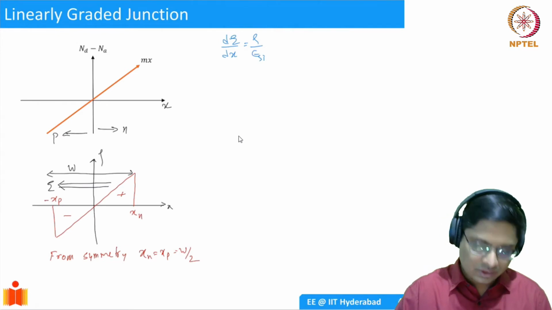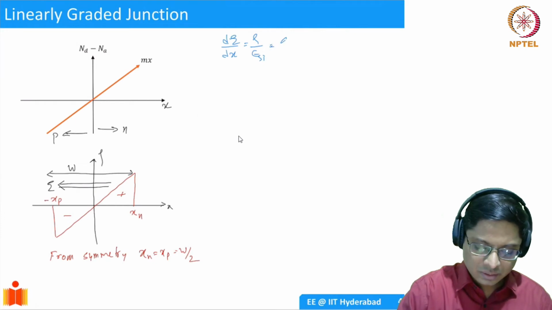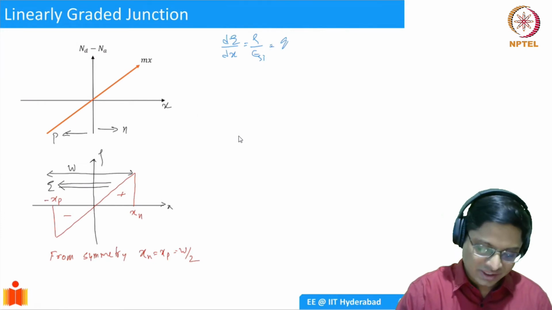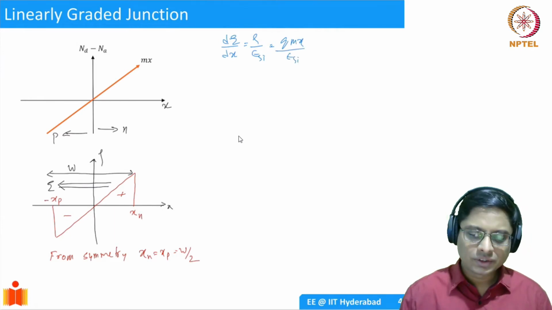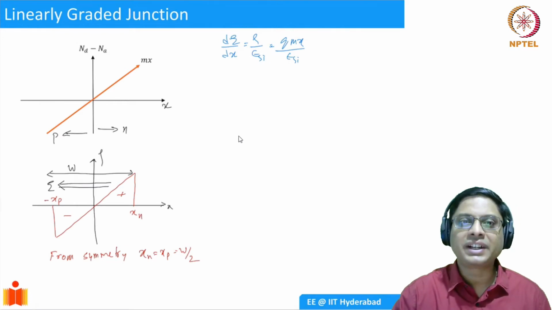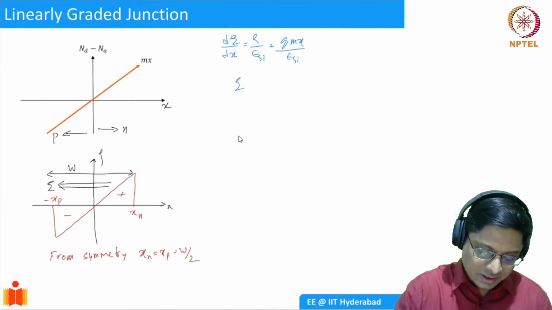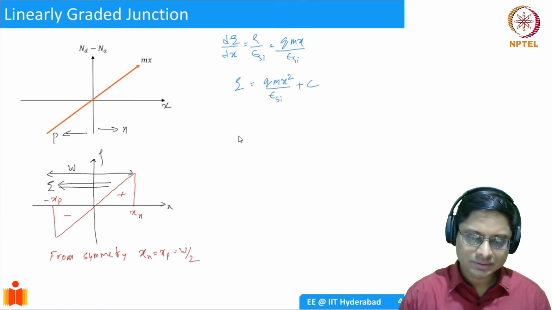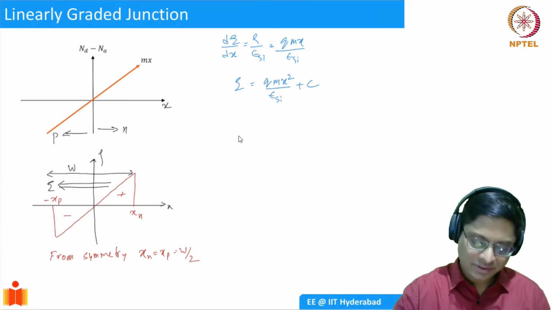And what is rho? Rho is now a linear function. So this is going to be Q, let's say call it mx, Qmx divided by epsilon silicon. So this is the differential equation which will dictate your electric field. And so you can integrate this, and quickly you get E equal to Qmx square divided by epsilon silicon plus C. So note, this is an important difference from the abrupt junction.